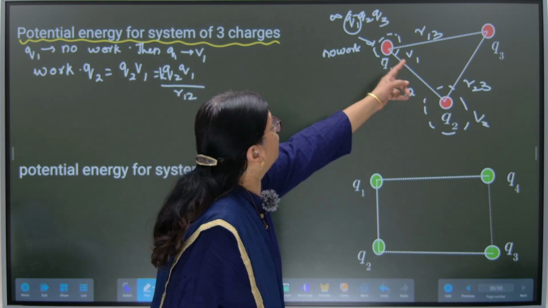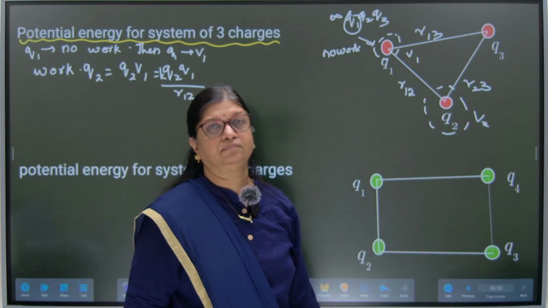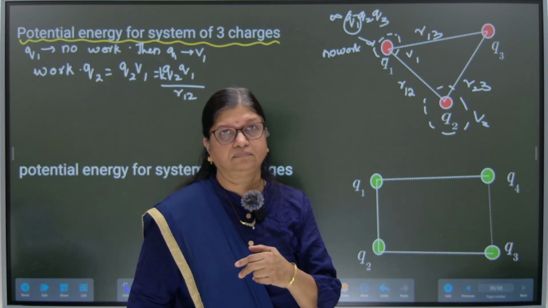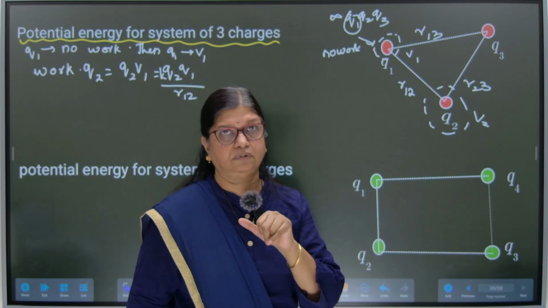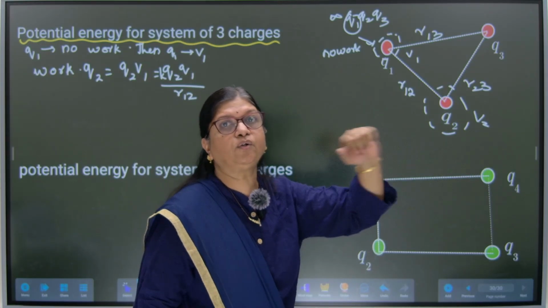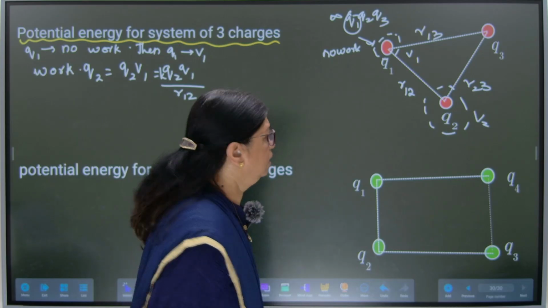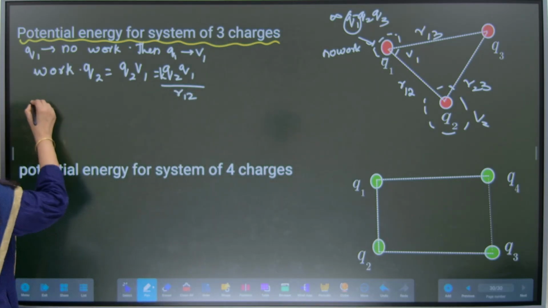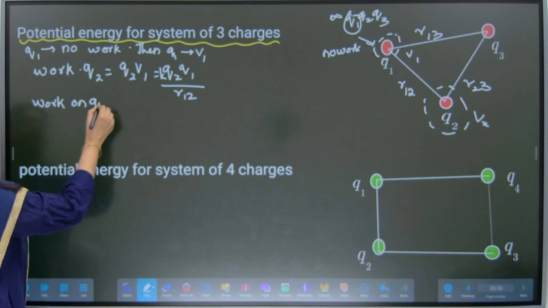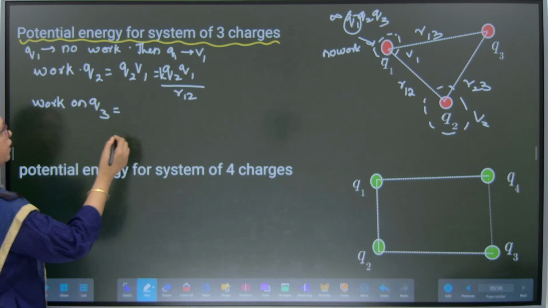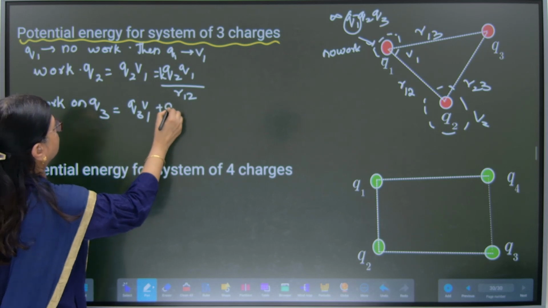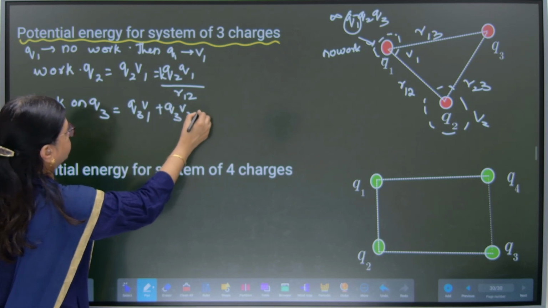So when I am bringing Q3, I have to do work on Q3 against V1 also and V2 also. Okay. So work on Q3 is equal to Q3 times V1 plus Q3 times V2.